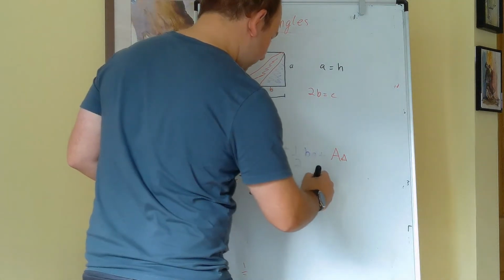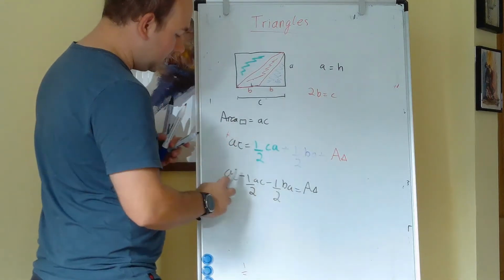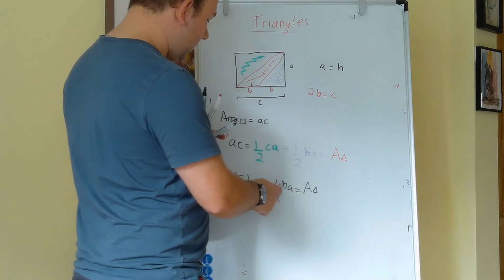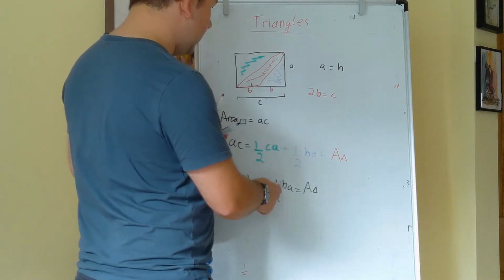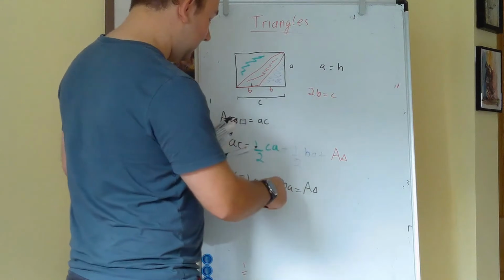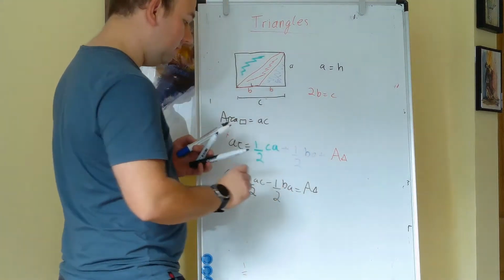We can also now start looking at what this actually means. So this B here can be replaced with C over 2.